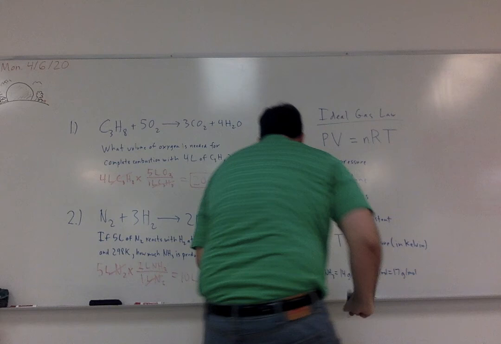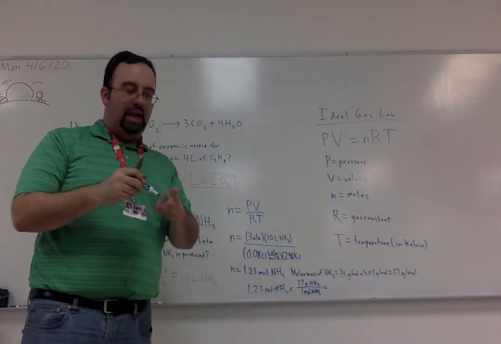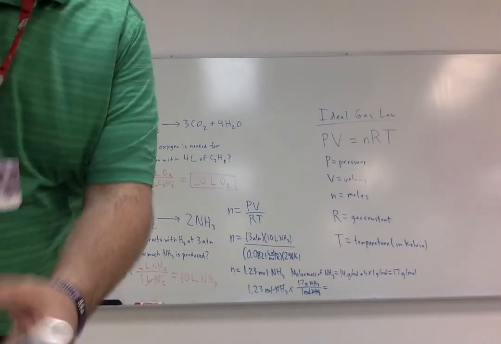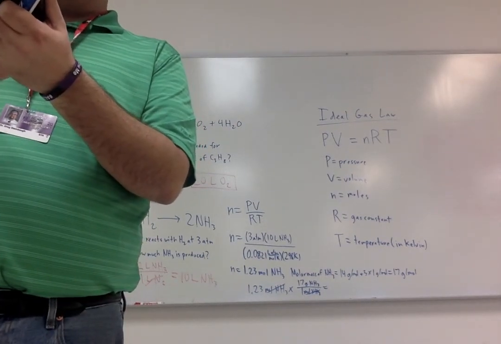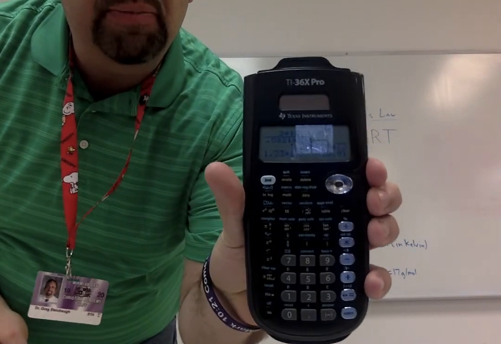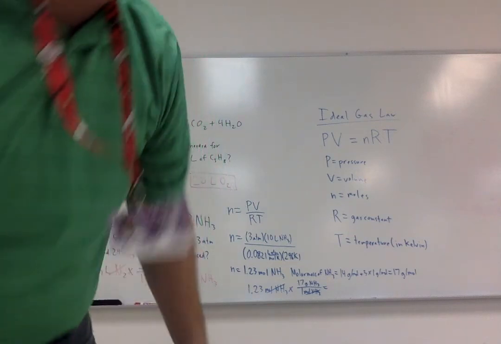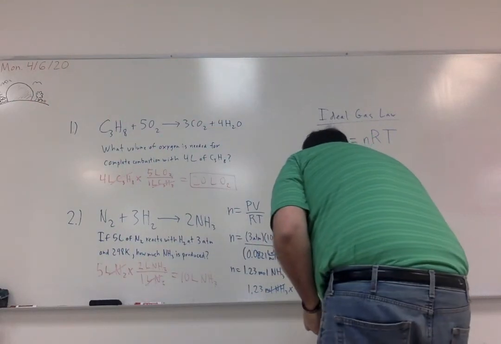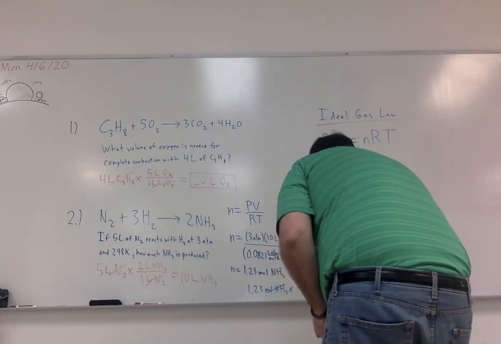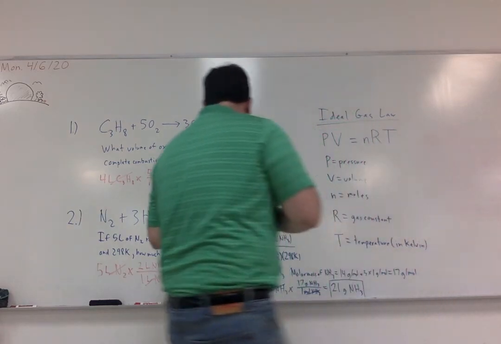All right. To solve this problem finally, we're going to take 1.23 and multiply by 17. And so when we do that, we're going to end up getting roughly 21 grams. And so we're going to end up forming roughly 21 grams of NH3. And so this is our final answer.